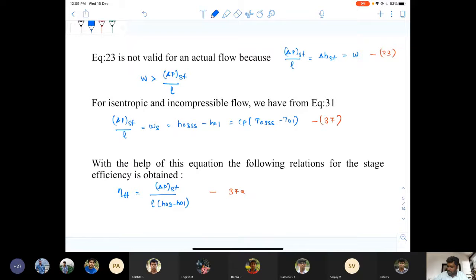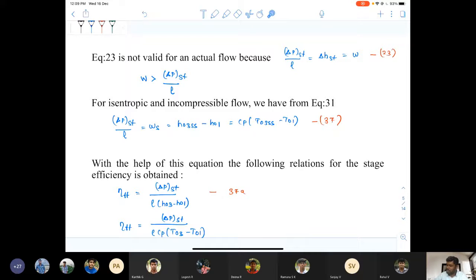In the same way, you can also write eta TT equal to delta P at the stage divided by rho into Cp times the temperature difference, T03 minus T01.